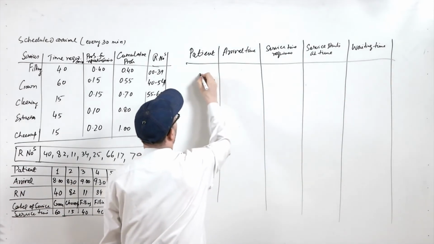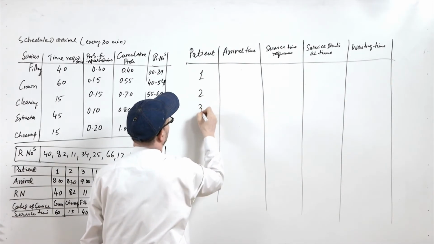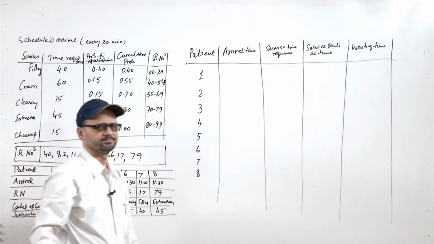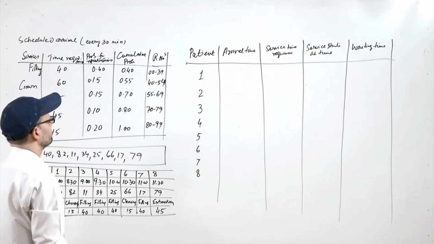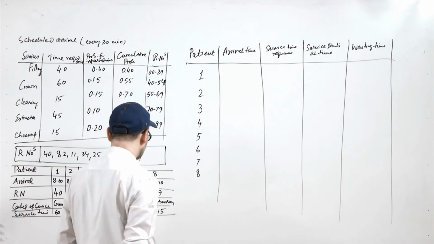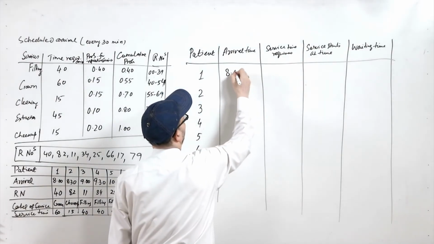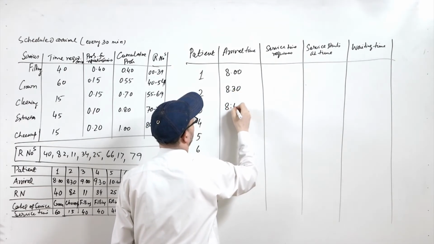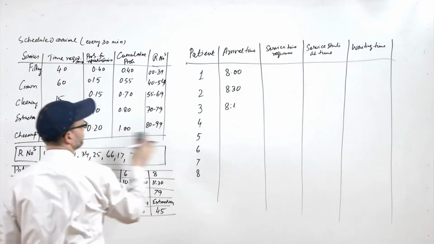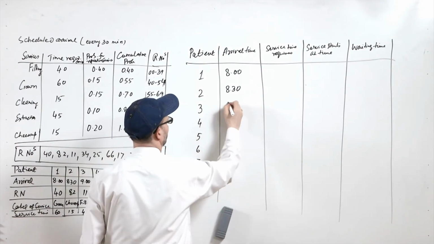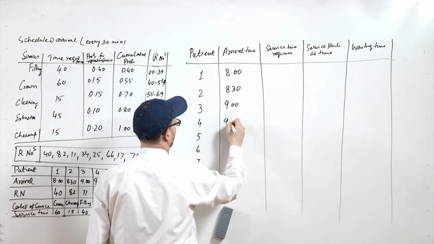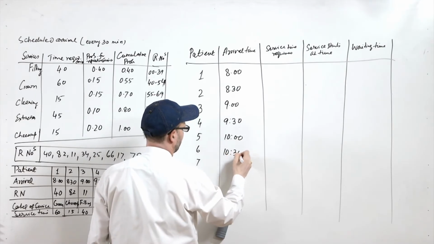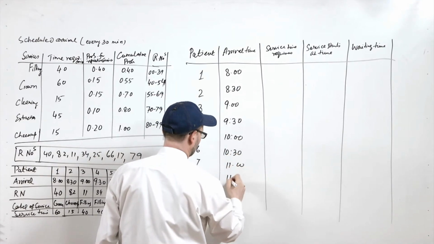So, you have patients 1, 2, 3, 4, 5, 6, 7 and 8. In that, we know that arrival time is fixed. The first customer is coming at 8, the second at 8:30, the third at 9, then 9:30, 10, 10:30, 11 and 11:30.